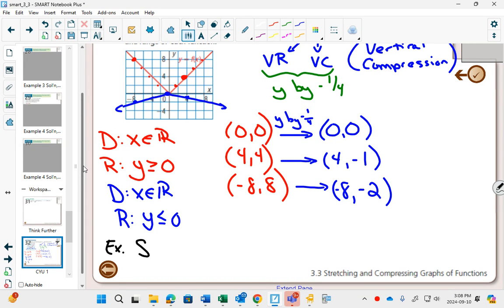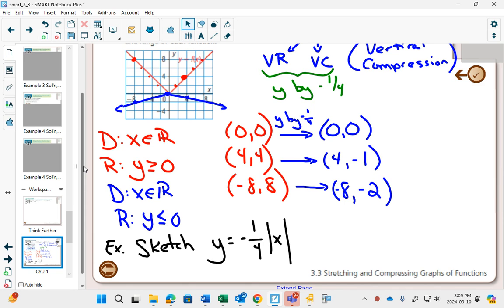Here's the same example. Sketch y equals -1/4 absolute value of x. Do you see that that's the same question that we were asked?